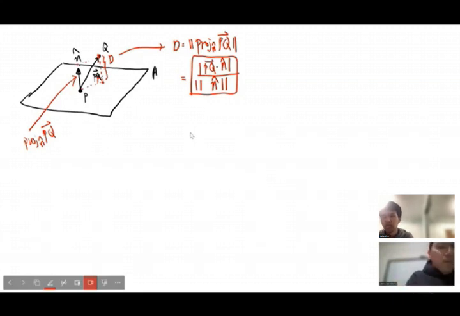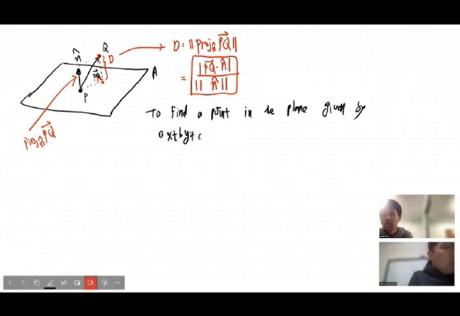So let me change the color. So to find a point in the plane given by ax plus by plus cz plus d equals 0, that is plane A.